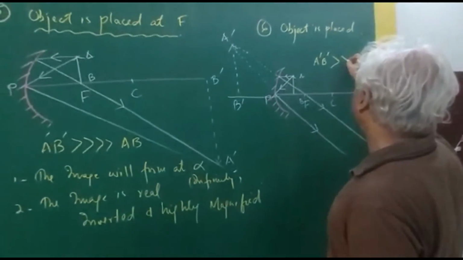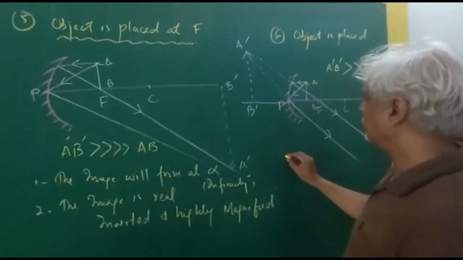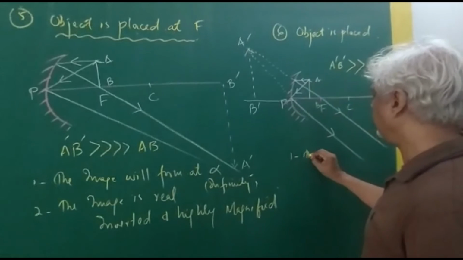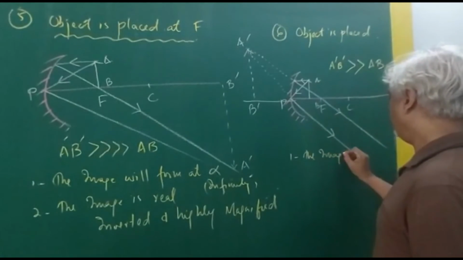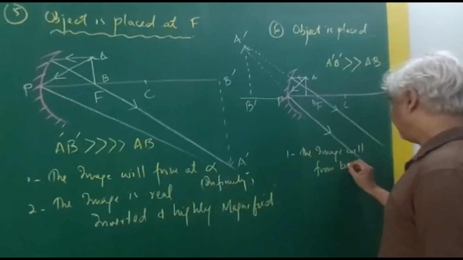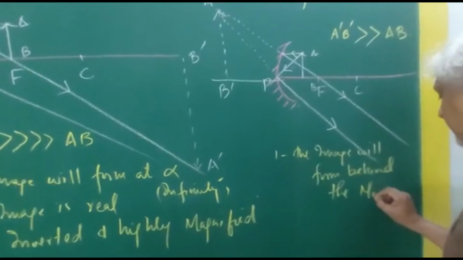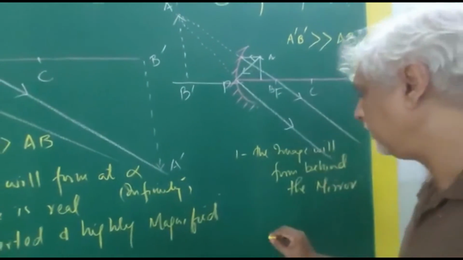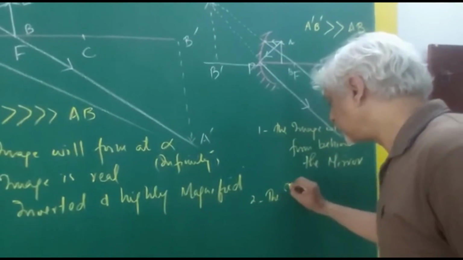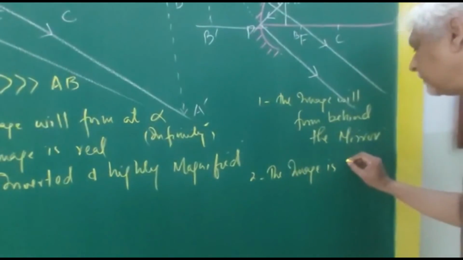A dash B dash, which is the image, is greater than the object AB, and the position of the image will be behind the mirror. And what is the nature of this image? The image is virtual.